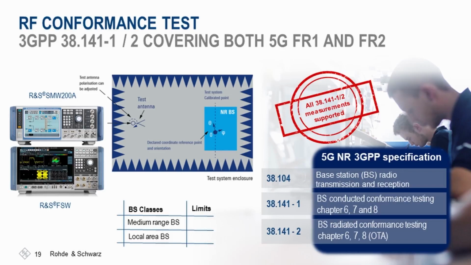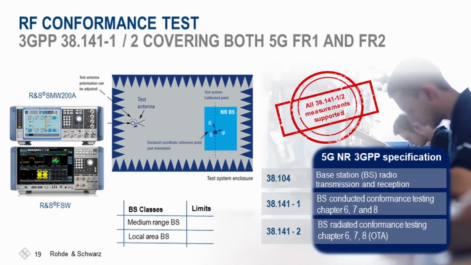Here in the example, I am using a millimeter wave use case, just to share with you how testing of millimeter wave involves a different test methodology. Here we use for millimeter wave an anechoic chamber for testing with test antennas, and when it comes to the instrumentation, it is the SMW and FSW.